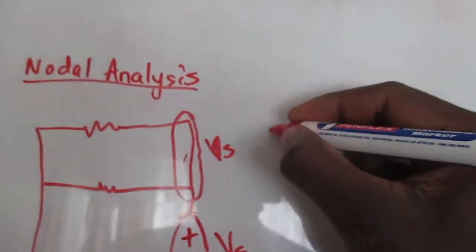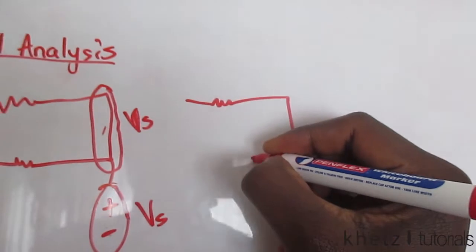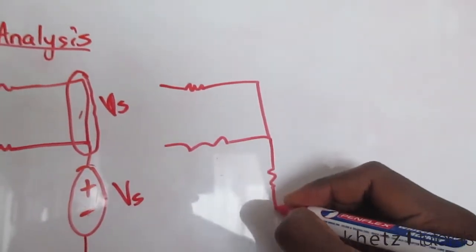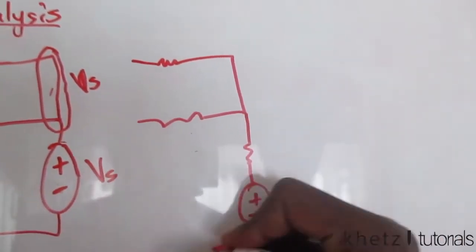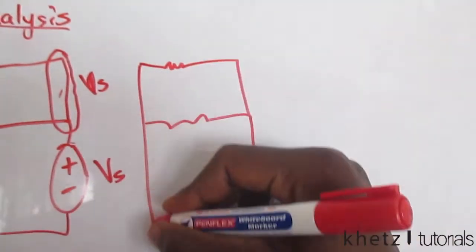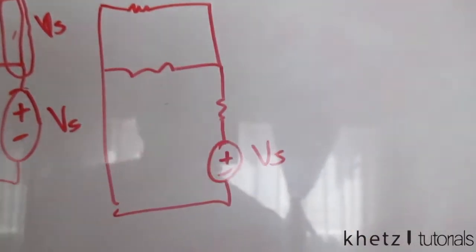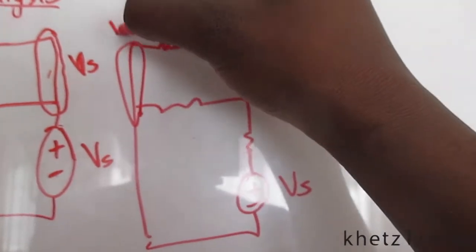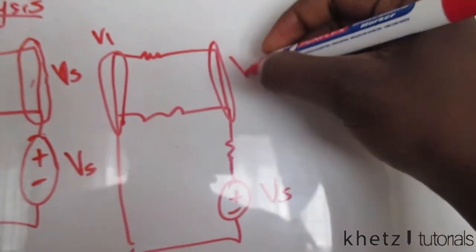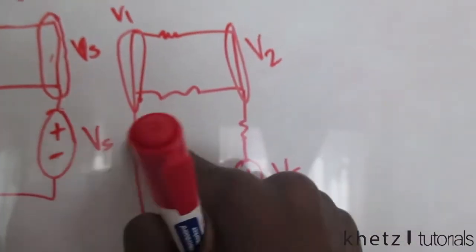But if it were like this, you had a resistor there and the same voltage source Vs, then that would be a different case, if we were to call this V1 and this V2.